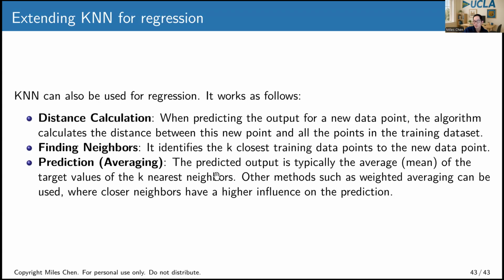Okay, so you still do the same thing. You calculate the distance to every single point in the training data. You're going to identify the k-nearest neighbors to your test case, but then you take whatever numeric value you have for your output variable, and then you take the average, okay? Or perhaps a weighted average if you want to say the near points have greater influence there.